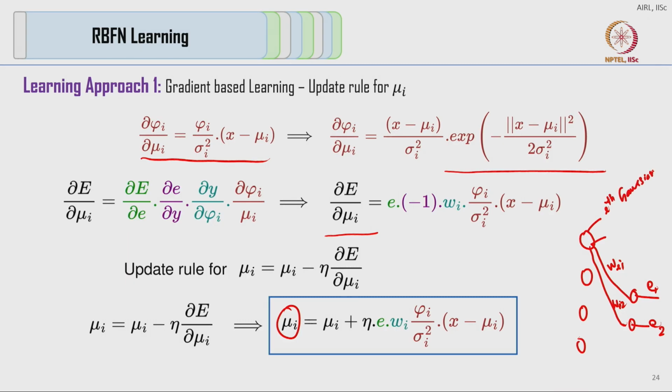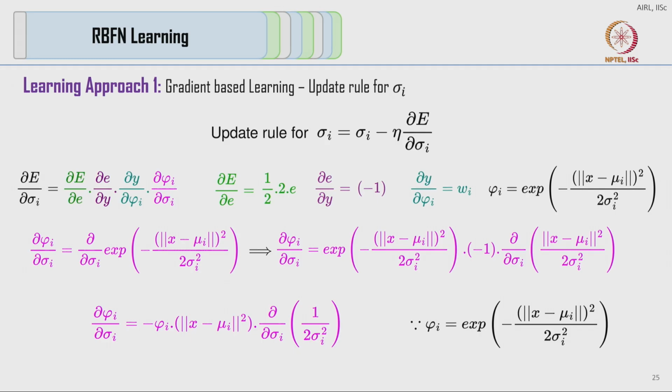It is exactly similar to our multilayer perceptron in terms of back propagation, except there the activation function is either sigmoidal or bipolar sigmoidal. Here RBF has a very unique activation function which is locally tuned. So we use the Gaussian function, and the derivative of that activation function is what we need to use.